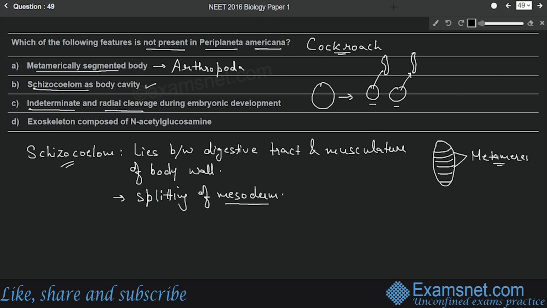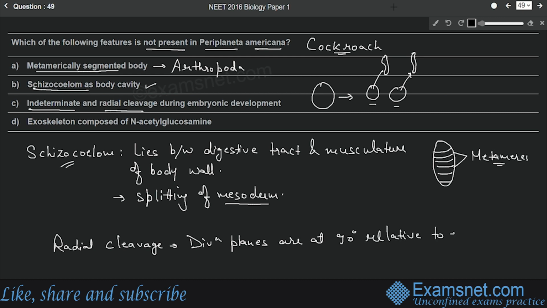And what is meant by radial cleavage? Radial is one of the simplest cleavage patterns in which the division planes are at 90-degree relative to each other. Okay, let's write it down here. Radial cleavage. The division planes are at 90-degree relative to each other.